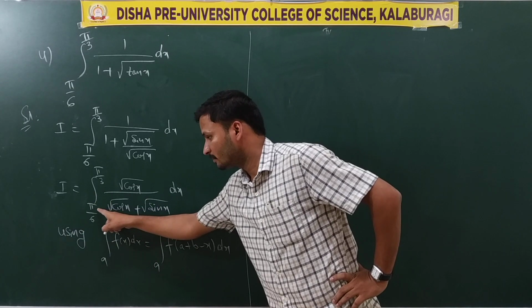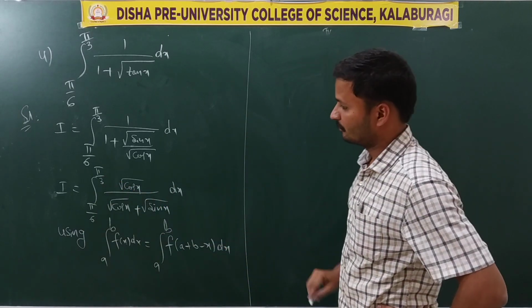Okay, sorry, a to b is pi by 6 plus pi by 3 minus x.